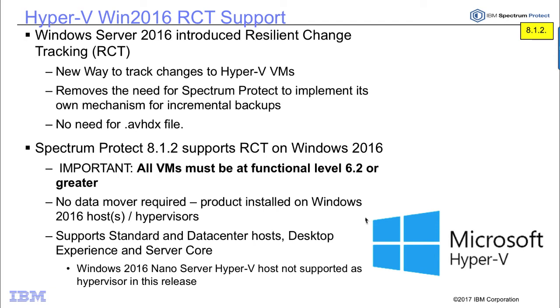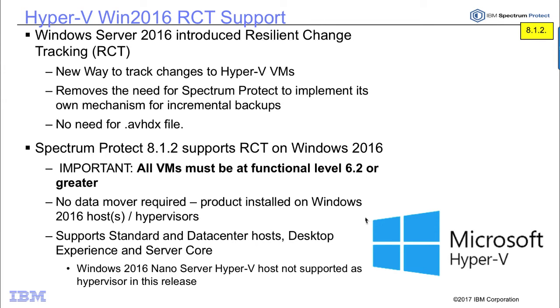This was really done by Microsoft as an improved way to track the changes in Hyper-V VMs, and it removes the need for Spectrum Protect and other backup products to implement their own mechanism for incremental backups. Really the equivalent to change block tracking for VMware in Hyper-V.